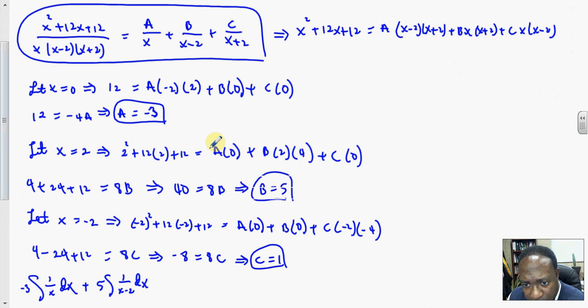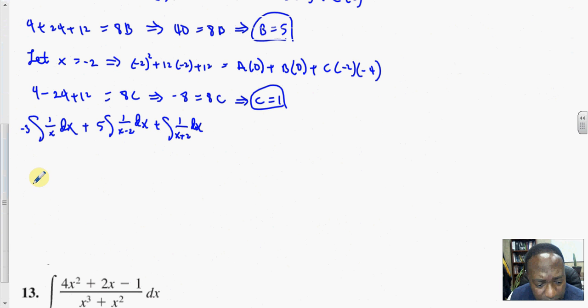Then plus the integral of c, which is 1 over x plus 2 dx.